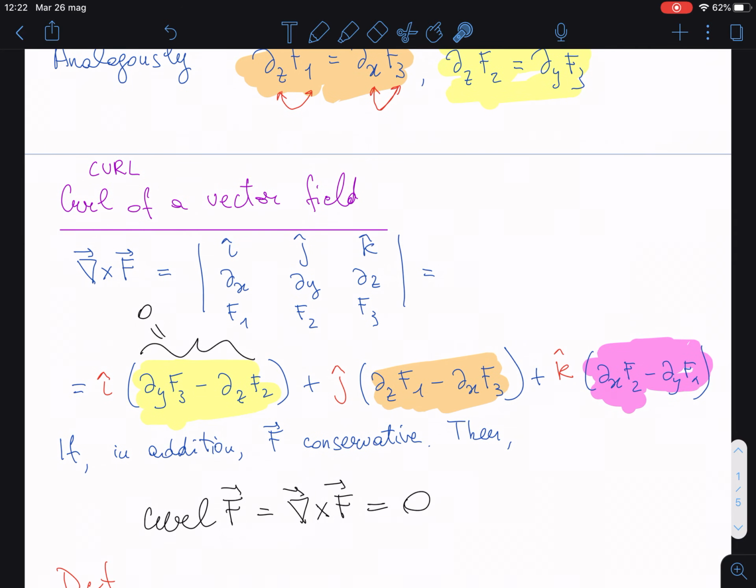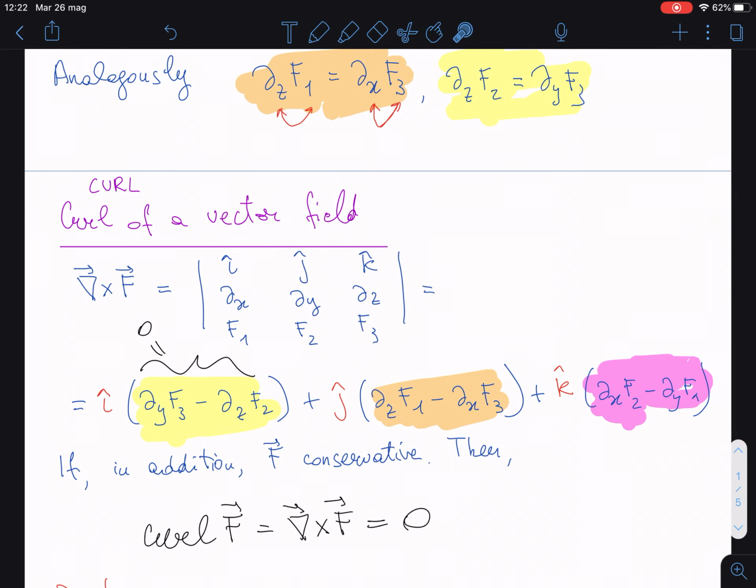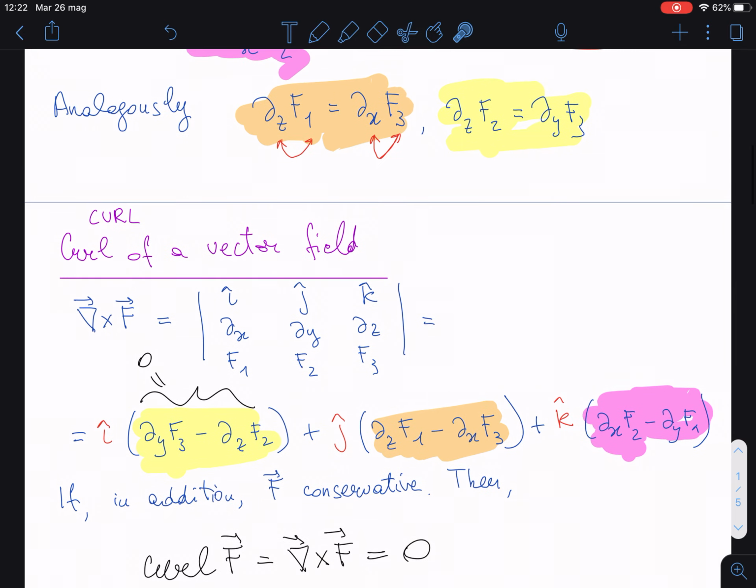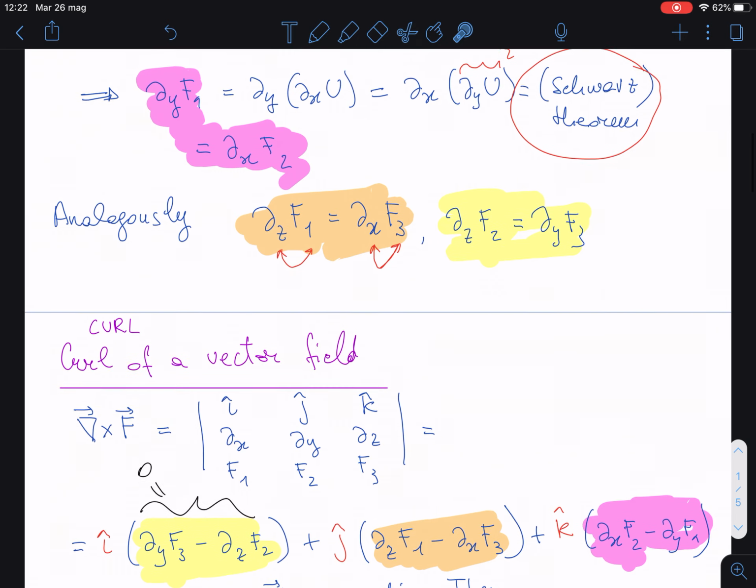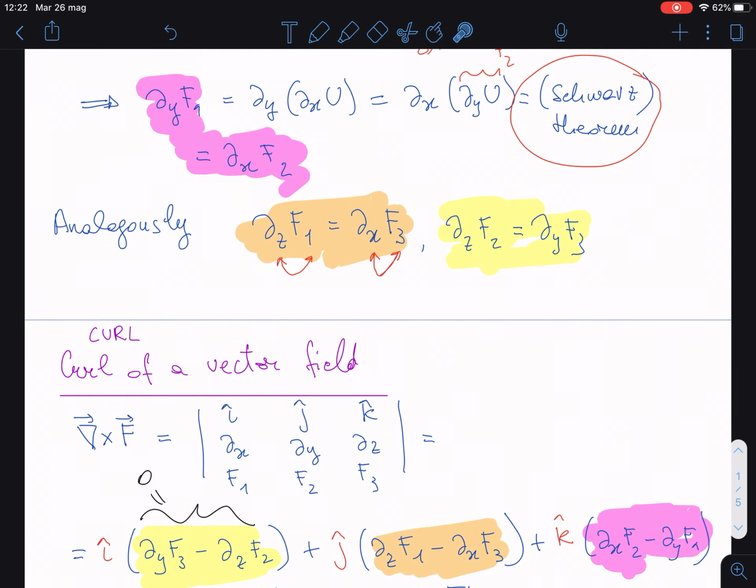Why does the conservative field have no rotation? Mathematically, it is easily said. Since a conservative field admits a potential, through Schwarz's theorem what you find is that all components of the curl are equal to 0. So mathematically, it is very easy.